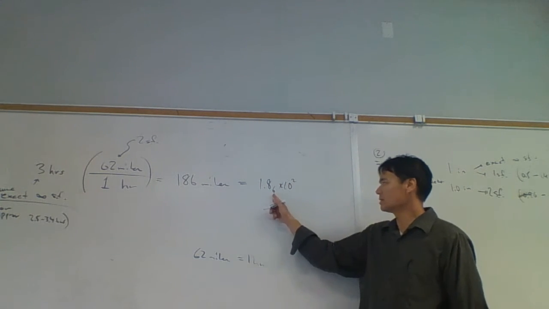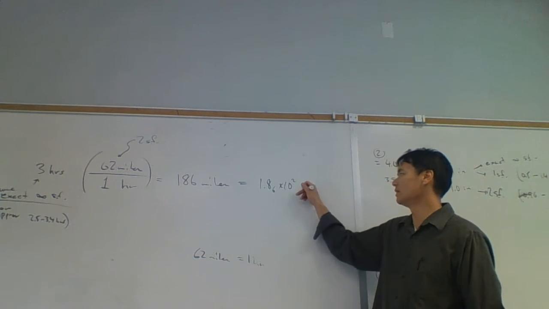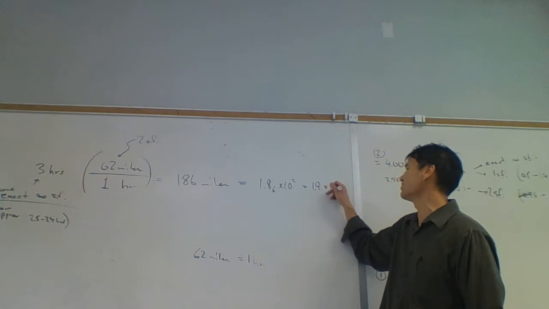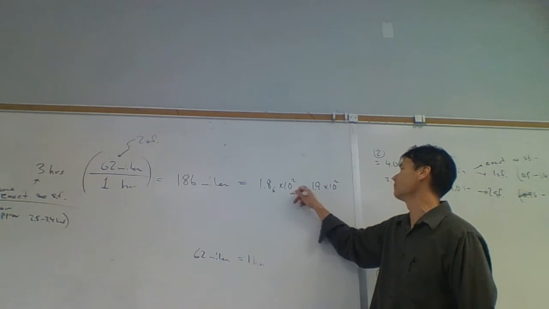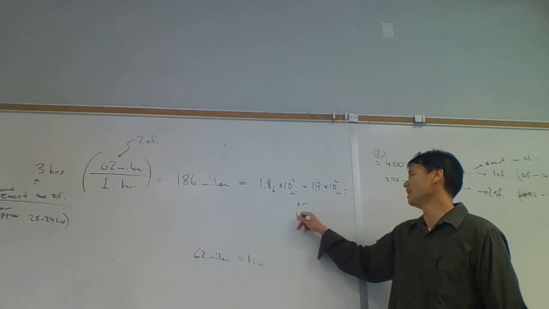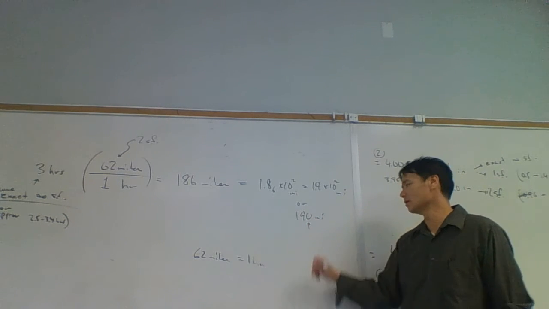The sub 6 is not significant. That's going to be a drop digit, so this is only really 2 sig figs. And so if I drop 6, I have to round it up. So this comes out to 1.9 times 10 squared miles here, or 190 miles. Now the 0 may or may not be significant here.